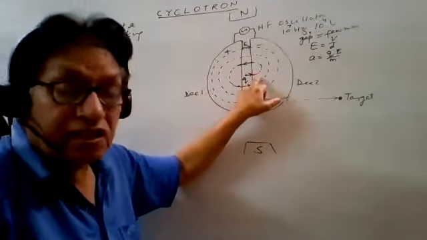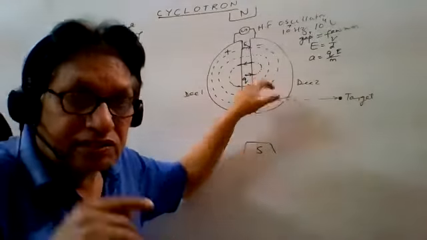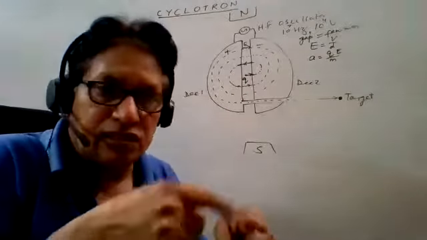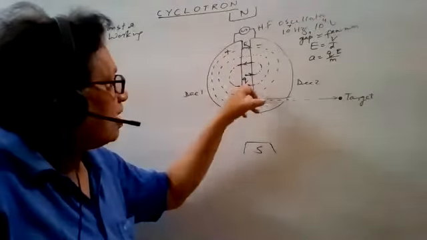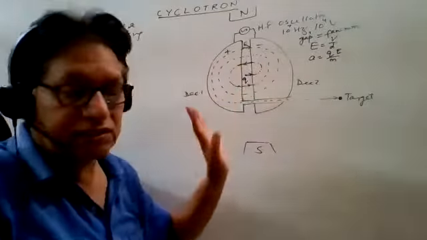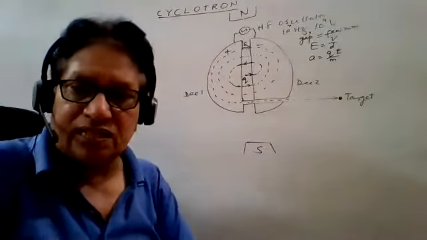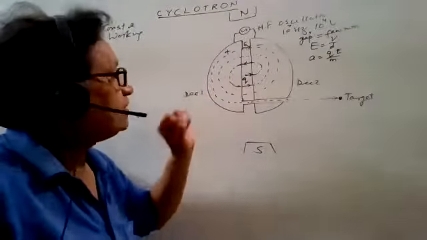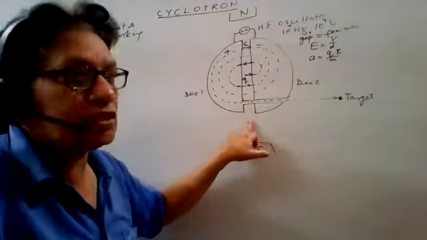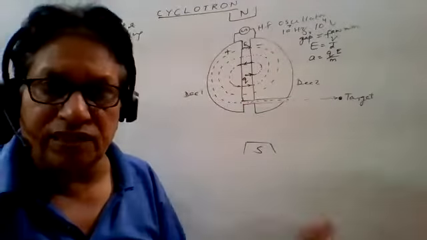Inside, the magnetic field acts as it enters perpendicularly, so there is circular motion. So the magnetic field circulates the particle, creating the condition to increase the kinetic energy, and the electrical field is responsible for increasing the kinetic energy every time.